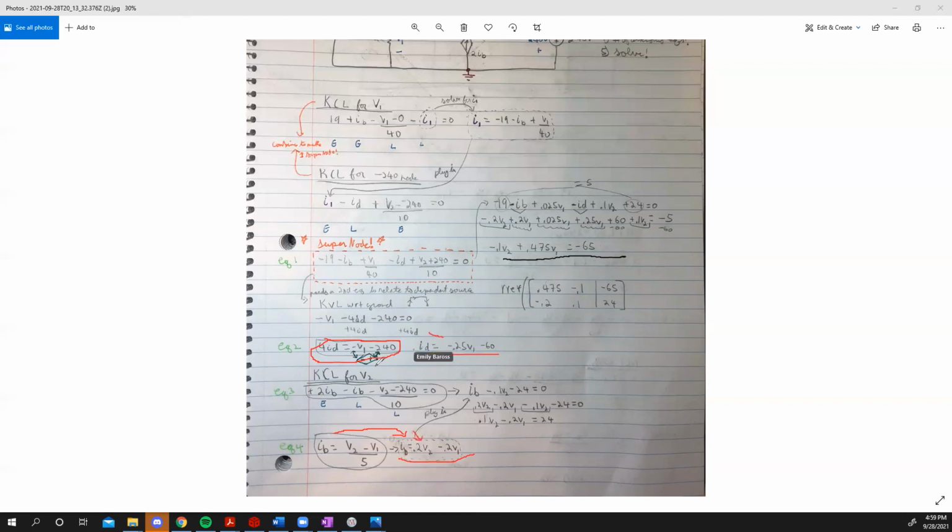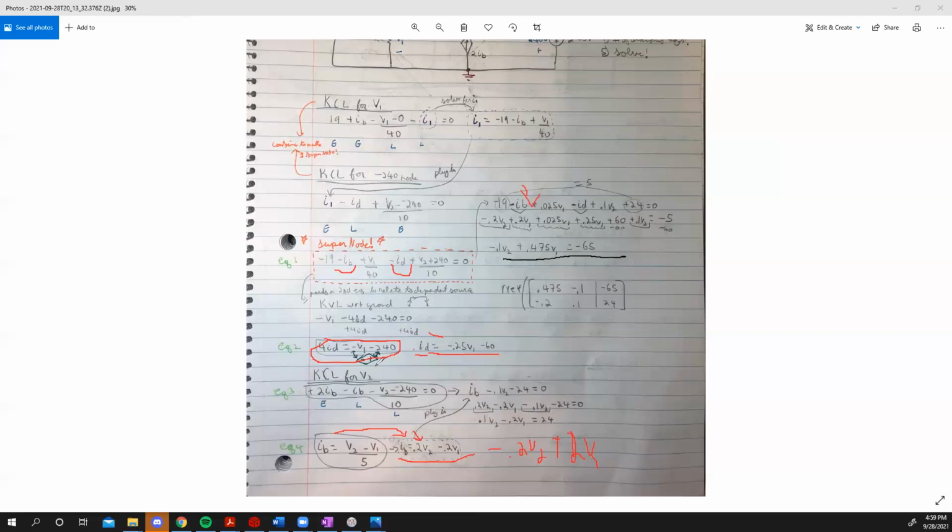Then from these two, I use those to plug in for this IB and for this ID, right? So this is a negative and that's also negative. So that makes this be negative 0.2 V2 plus 0.2 V1, right? Sorry, it's kind of messy. I mean, that's just basic math, right? So that's what I'm plugging in for this here.